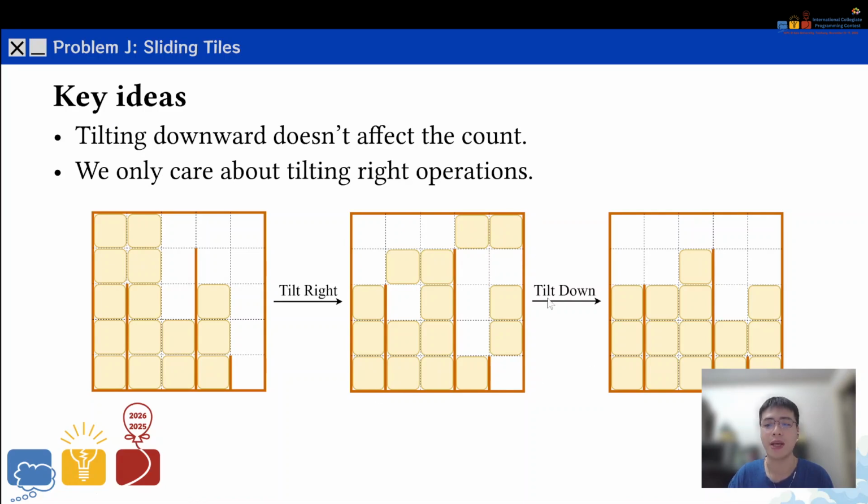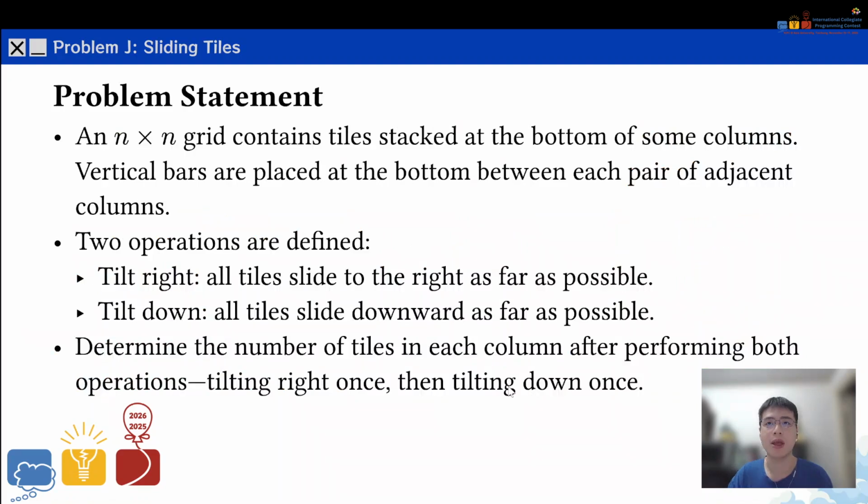And then we tilt down, which makes all tiles move downward. So the task is pretty simple. You're given the tiles and some bars, and you have to determine the number of tiles in each column after performing both operations.